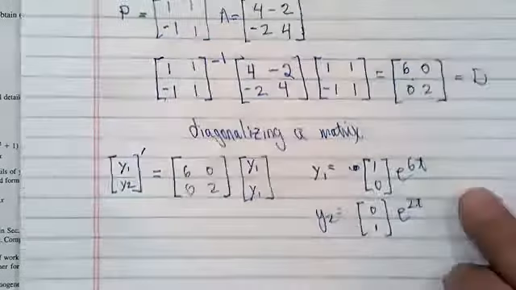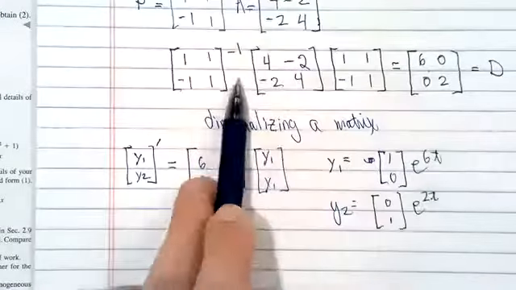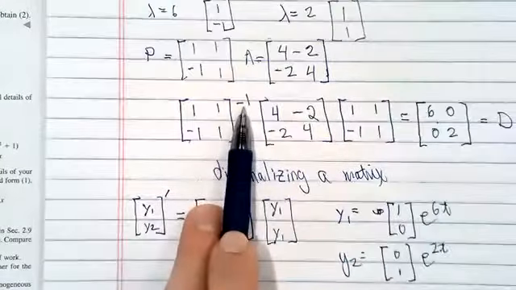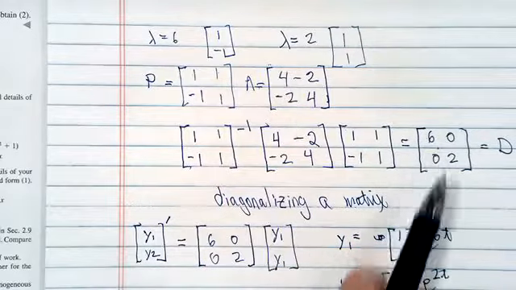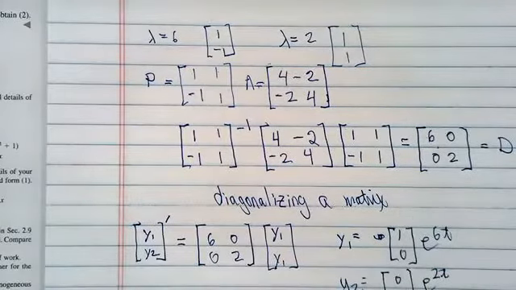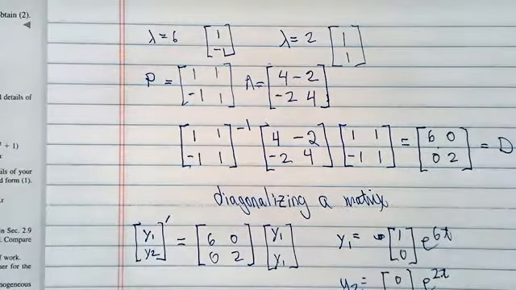And those e to the 6t and e to the 2t are the functions that pop out of this. They're also the ones that pop out of this. But notice, if we had diagonalized this first, we could have predicted that, right? So it turns out that diagonalizing matrices is very closely connected with solving systems of linear equations. And how all that connection goes is something that we'll describe in more detail in later lessons.